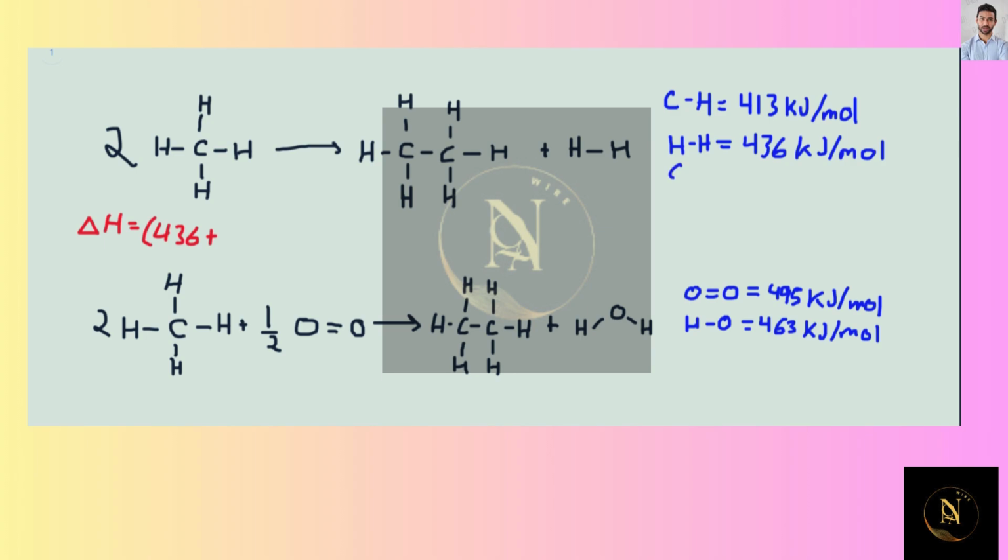Here, we also have CC interactions. I think I'll just put it down here to make it easier. 348 kilojoules per mole. And we have 6 CH bonds. 15 plus 348 minus 2 times 4 times 413.